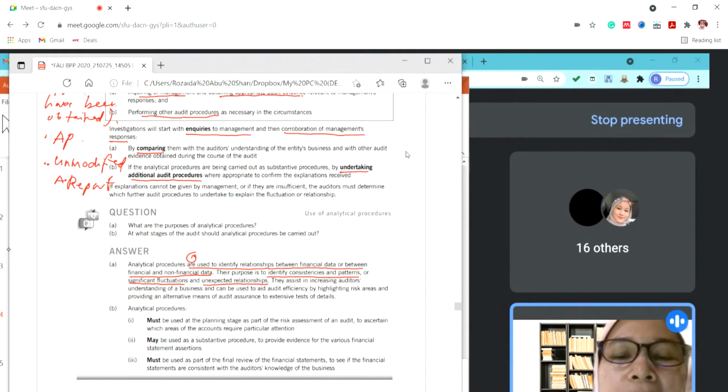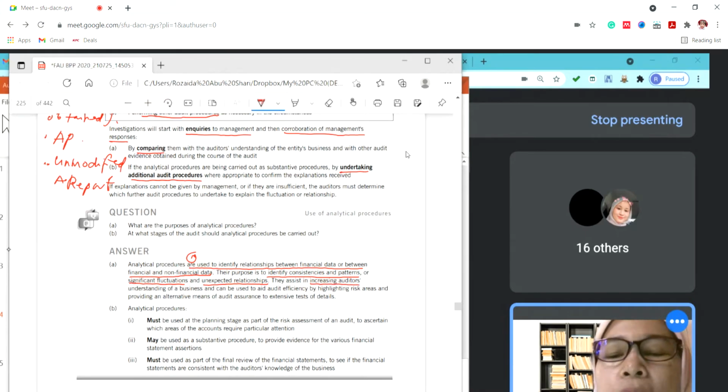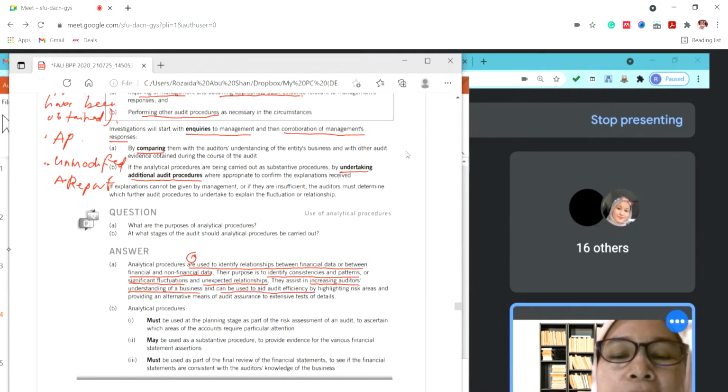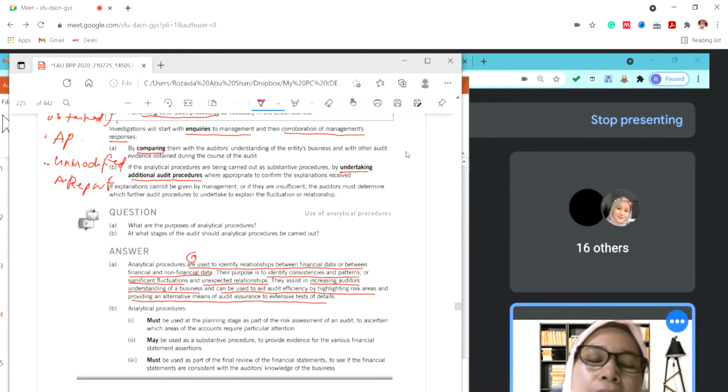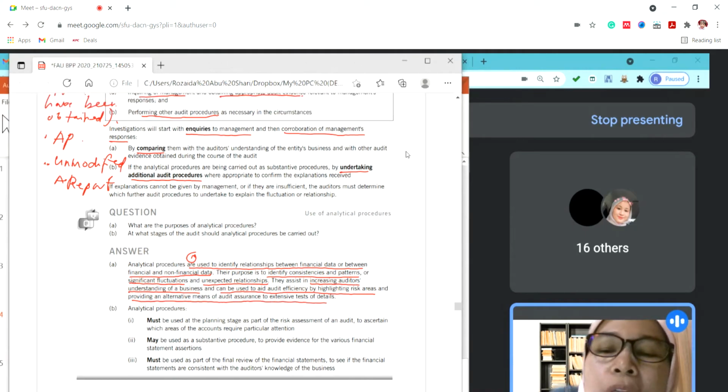They assist in increasing the auditor's understanding of the business, during audit planning, and can be used to aid audit efficiency by highlighting risk areas and providing an alternative means of audit assurance to extensive tests of details. So those are the purposes.